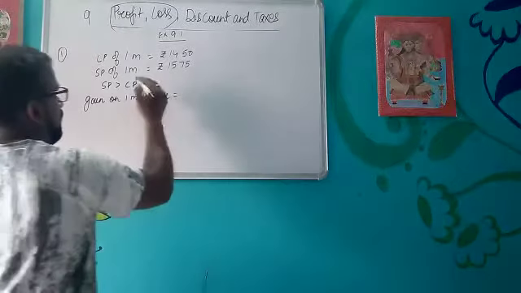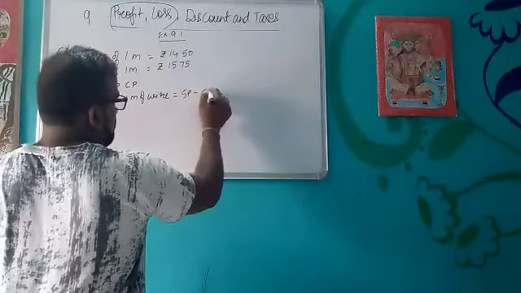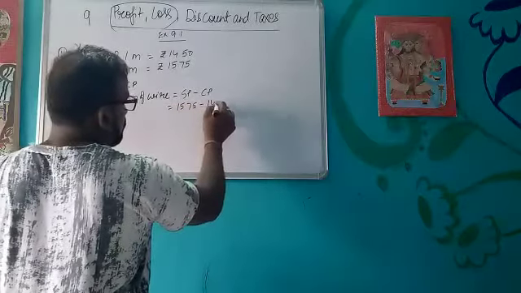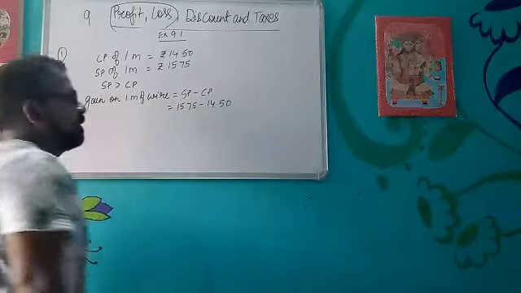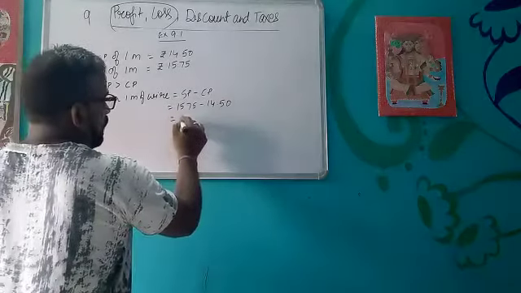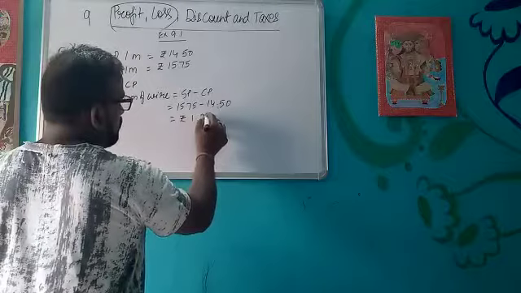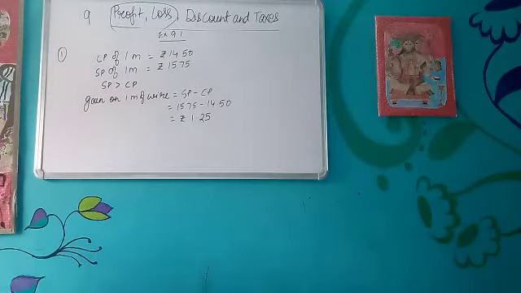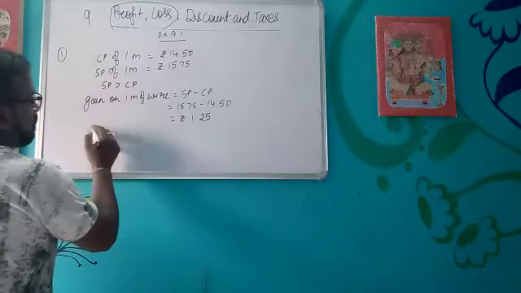So what will be the gain? Definitely SP minus CP. Okay, like this. So when you calculate, what you will get rupees 1.25 paisa. So that will be the gain on 1 meter of the wire. And how much meter of the wire is there?